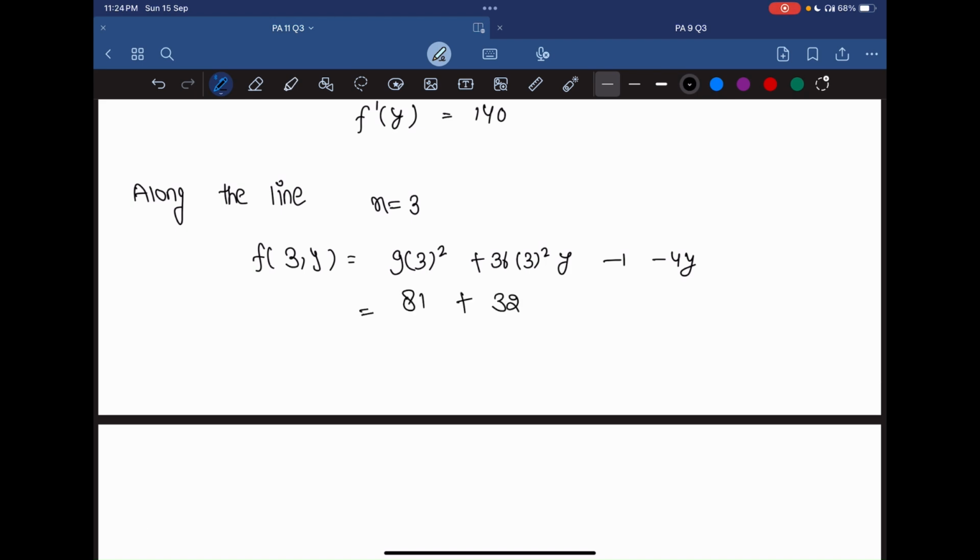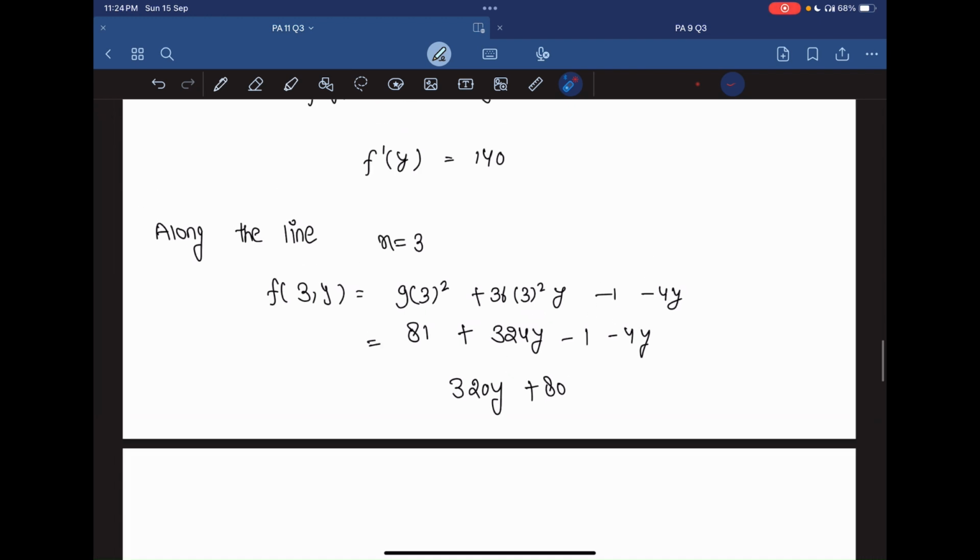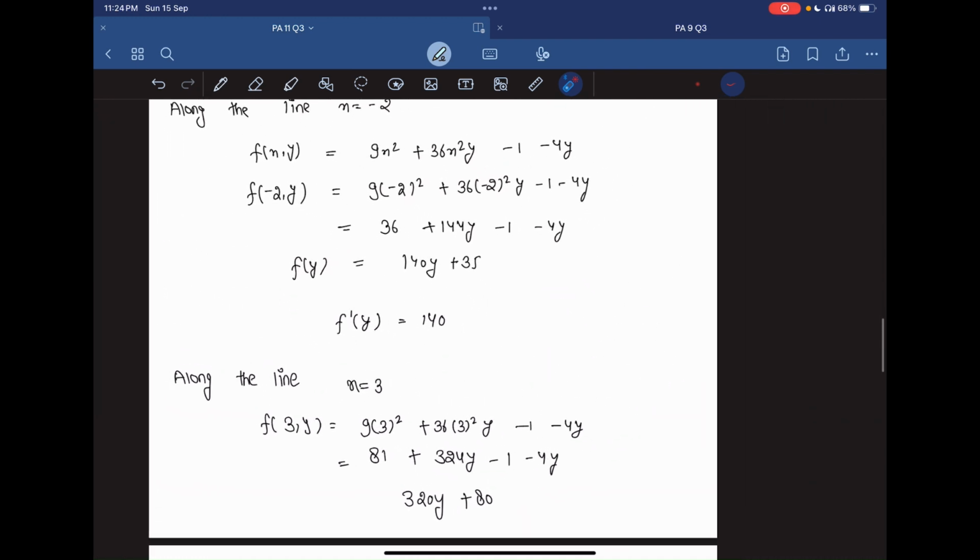Plus 324y - 1 - 4y, so 320y plus 80. So again the derivative would be some constant term, that is 320. So no critical point will exist. So along these lines there are no critical points.